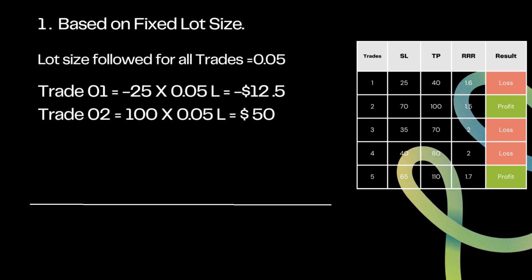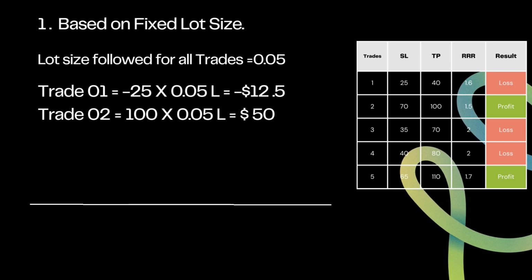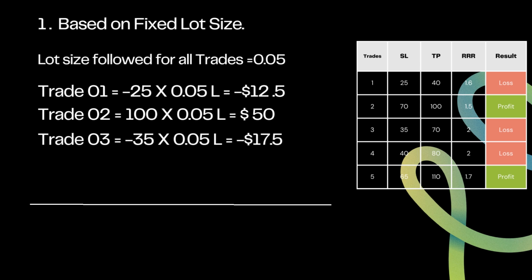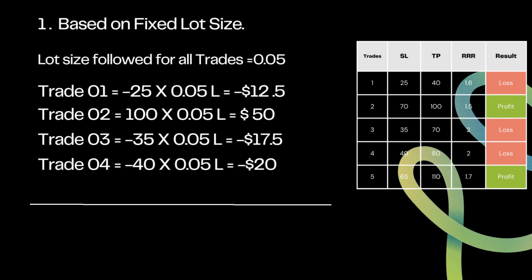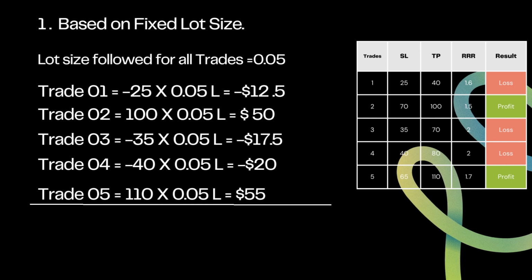The second trade is a profit of 100 pips with a lot size of 0.05. We get $50. The third trade is minus 35 pips and we lose minus $17.5. The fourth trade we lose minus $20, and the fifth trade we get $55.